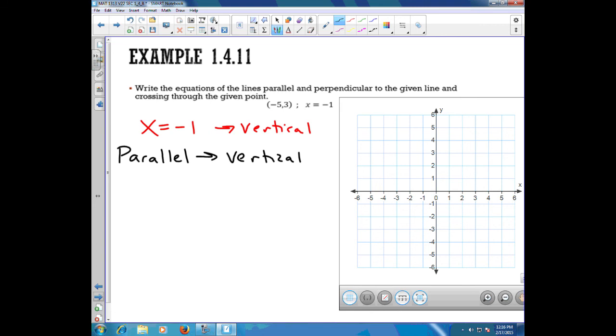Our given point, again, is -5 and 3. And so we want the vertical line that goes through this point. Well, as we saw in the last example, the vertical line that goes through that point is x equals -5. That line is going to be parallel to the given line, x equals -1.